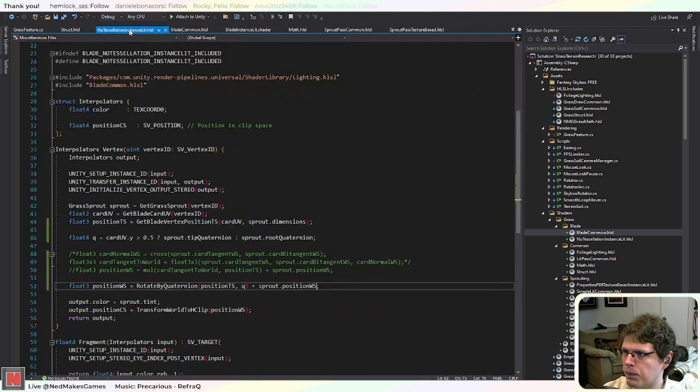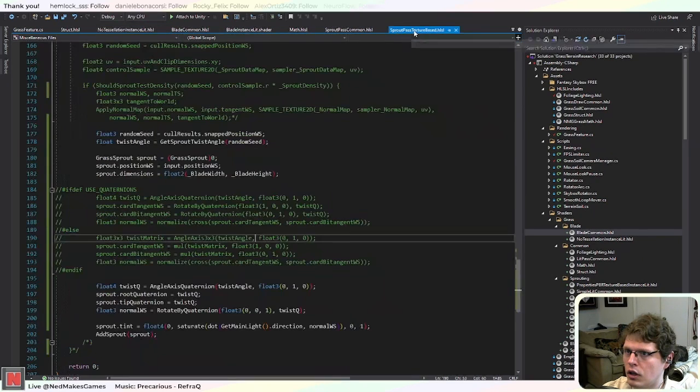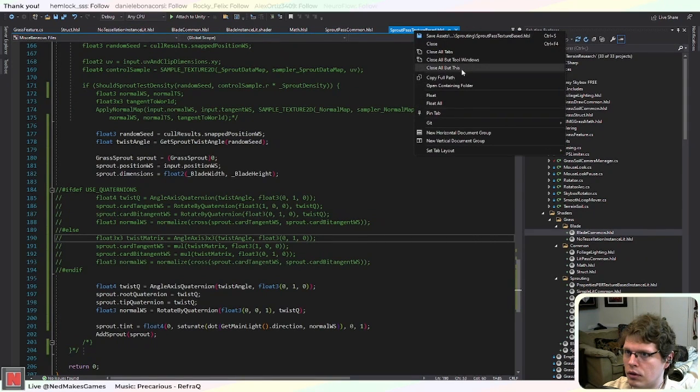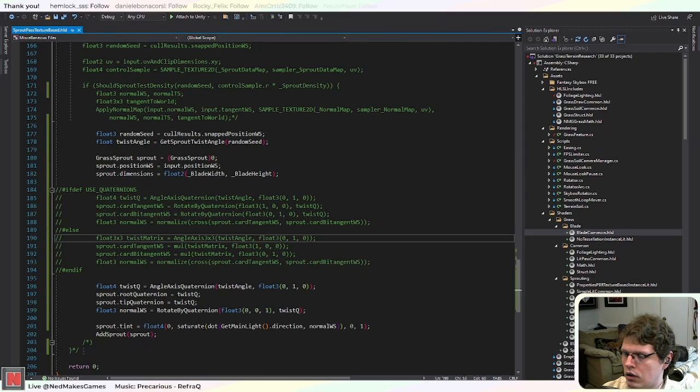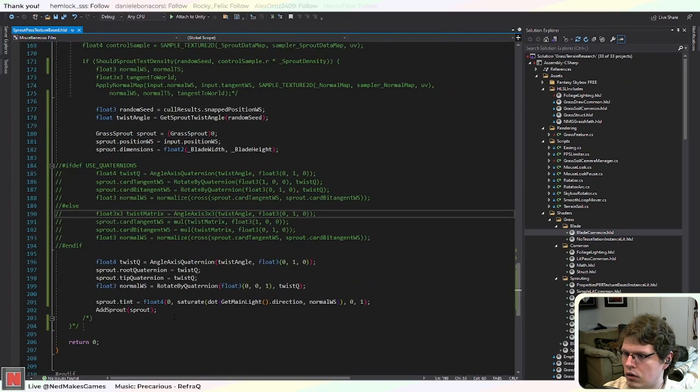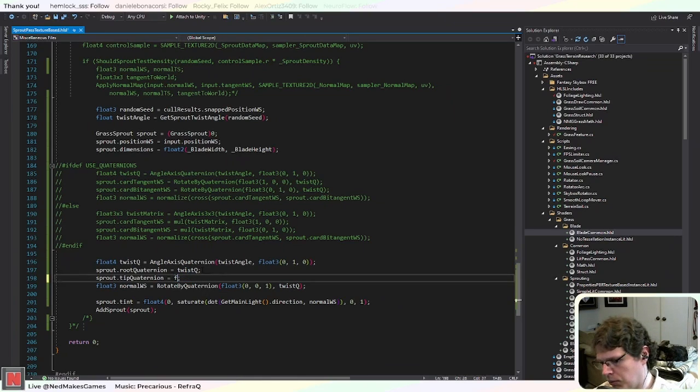So I got too much open. Let's just give it like the identity quaternion, which is 1, 1, 1, 0.